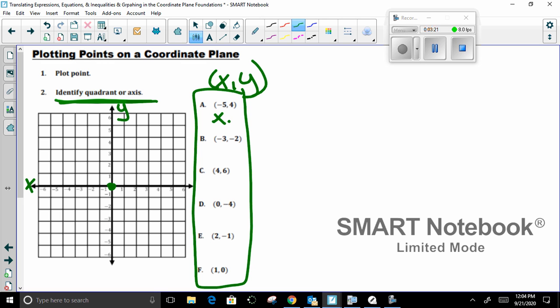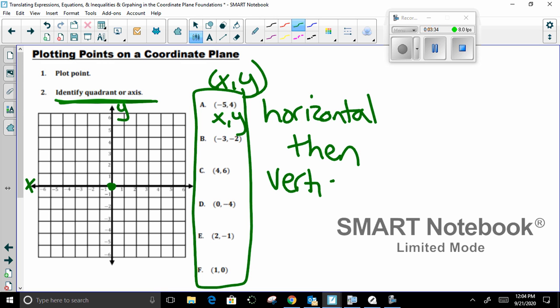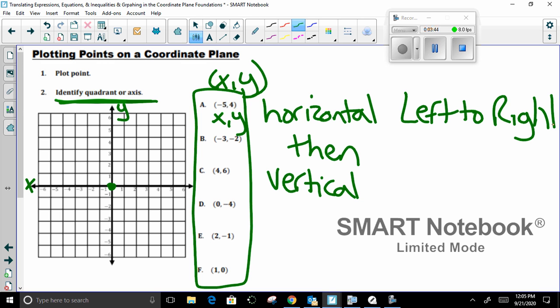So remember, your point is x, y. You're going horizontal first, and then vertical. Horizontal, you go left or right: I go left if it's a negative, I go right if it's a positive.